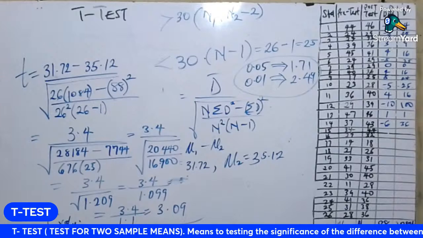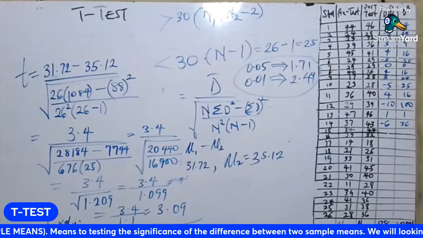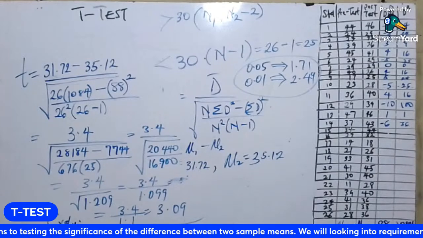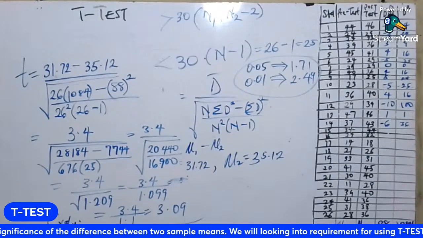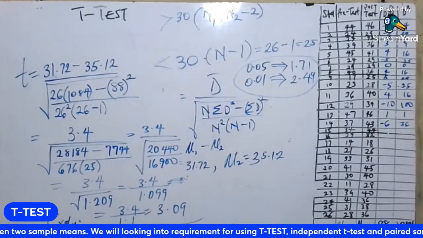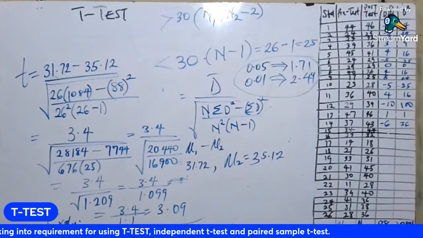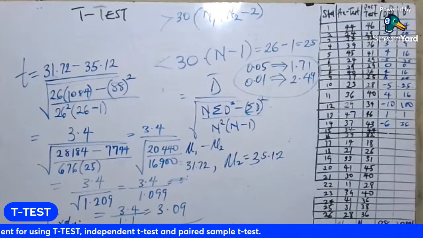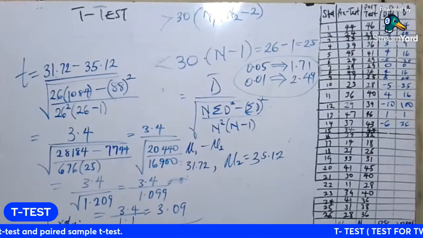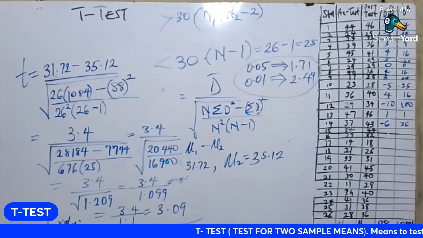I think with this, we have been able to take a deep look into t-tests. I'll just do a recap or a review of t-tests. Basically, there are two types of t-tests: the independent sample t-test and the paired sample t-test.